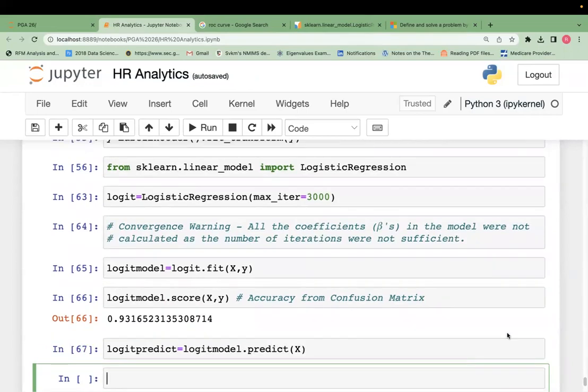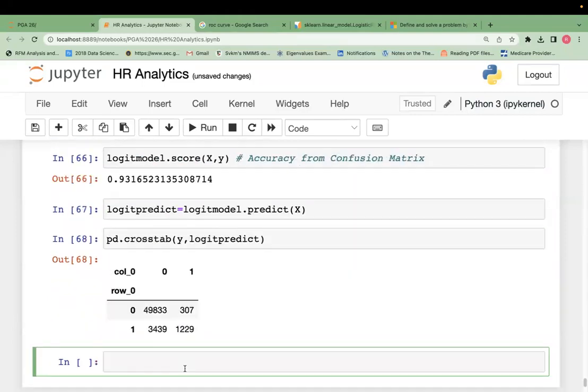So we are predicting for all the observations. Then crosstab with y, and you will get the confusion matrix. So in this matrix, what are the correct predictions? 0,0 and 1,1 are correct predictions. The rest are all wrong predictions: 49, 8, 33 plus 307 plus 3439, 1229.